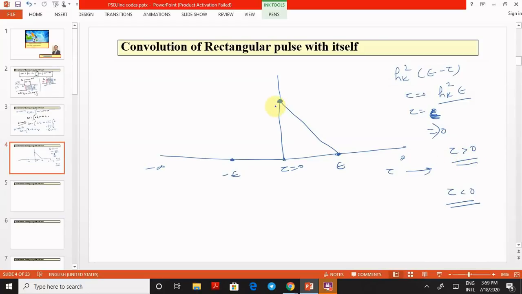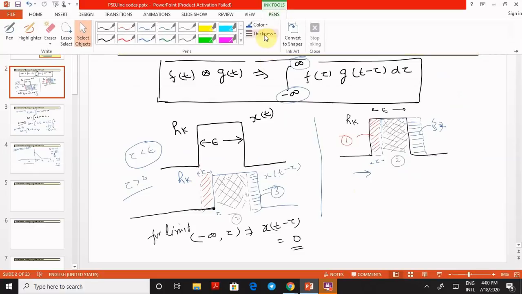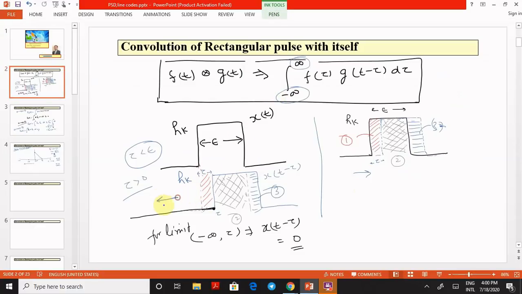But as we know, the autocorrelation function is an even function, so the convolution of these whole values will also be even. In this figure we are shifting this window in the positive direction, we are shifting tau in the positive direction, but similarly we can also shift this window in the other direction.